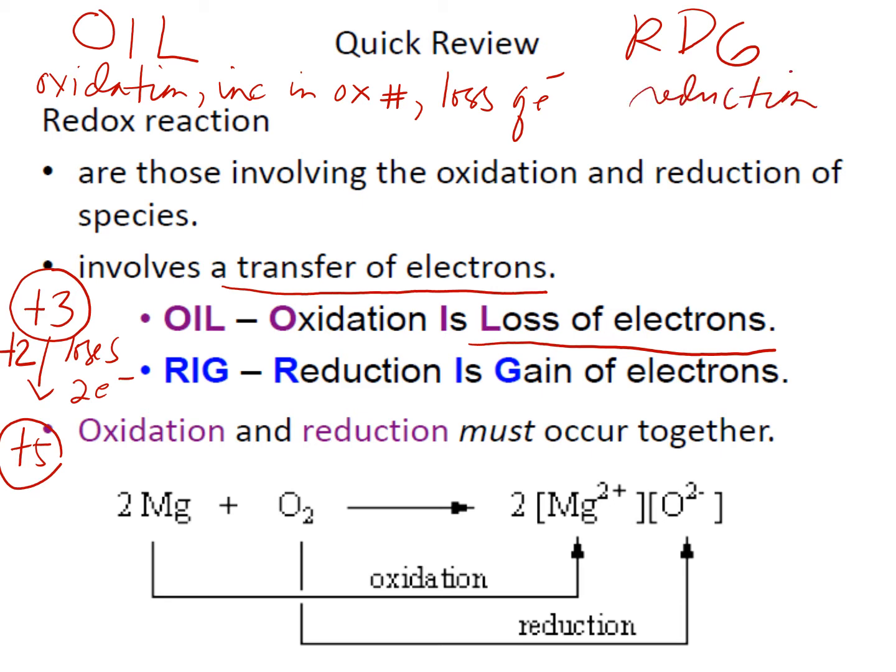there is a reduction when you observe a decrease in oxidation number. Okay, and the decrease in the oxidation number is a consequence, a product, when an atom gains electrons.